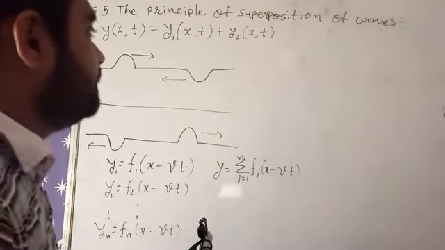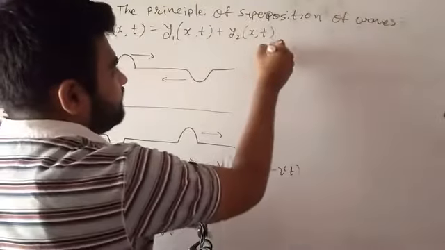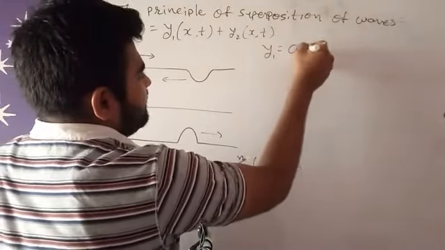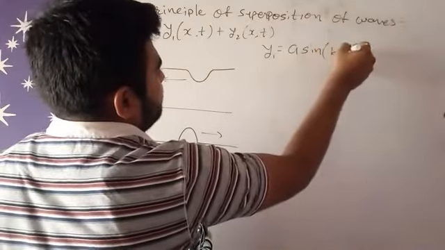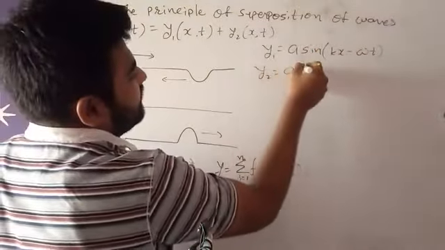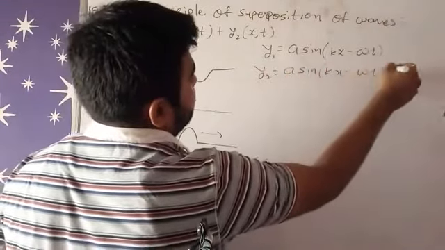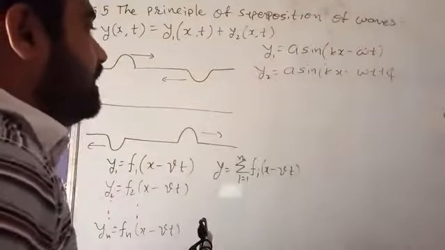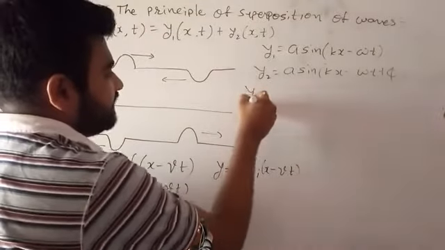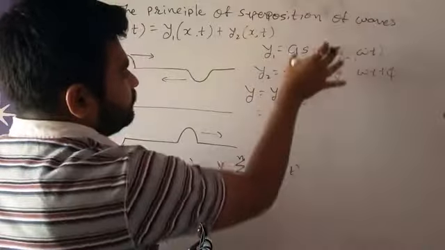Now we have to consider two different waves. First is y1 = a sin(kx minus omega t), and the second one is y2 = a sin(kx minus omega t plus phi), a similar function but with plus phi. Now we have to find the resultant. So y = y1 + y2, that we know, the sum of these two.